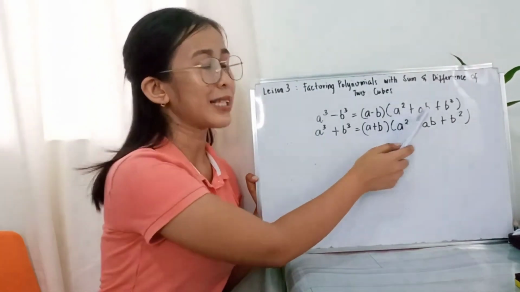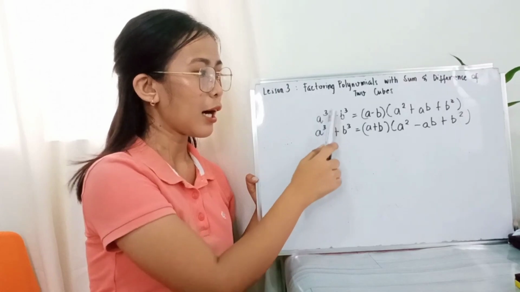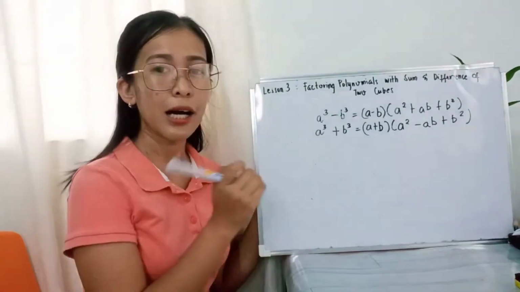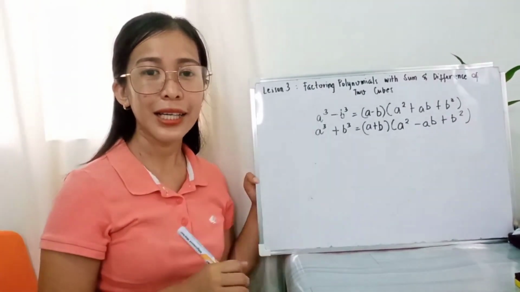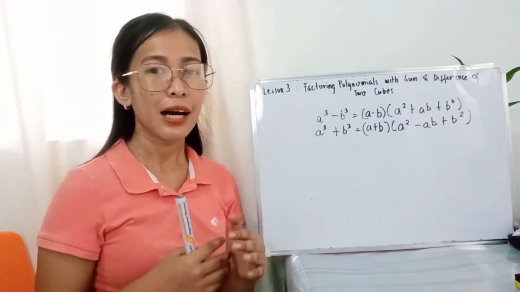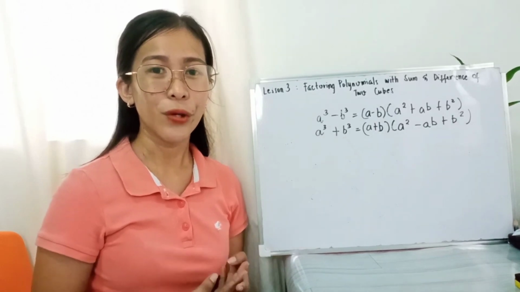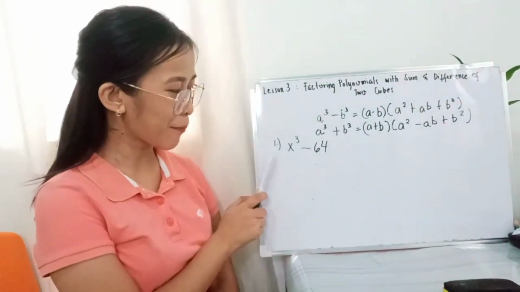Minus, minus, plus, plus. Dalawang minus, dalawang plus kapag difference of two cubes. Kapag naman sum of two cubes, plus, plus, minus, plus. Madali nyo lang din naman itong matatandaan kapag makikita natin mamaya kung paano na talaga sila sinasolve.